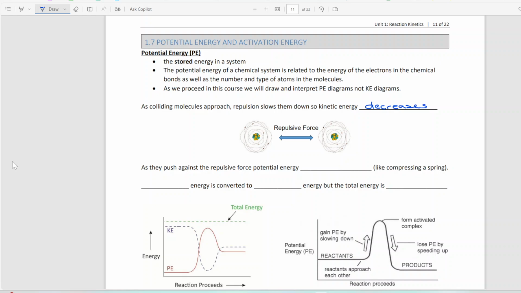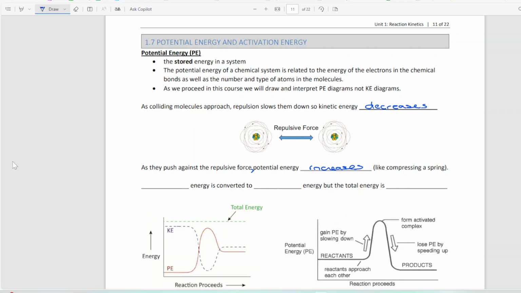As they push against the repulsive force, the potential energy is going to increase, kind of like a compressed spring. So if you think about it, like they just really want to get there, right?